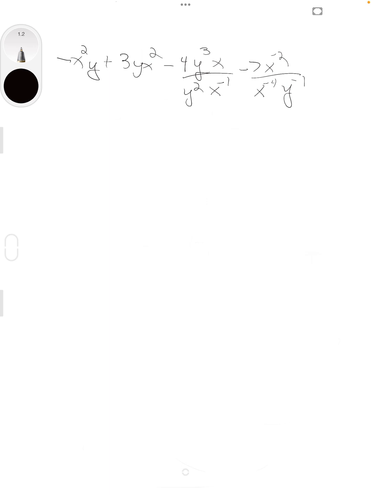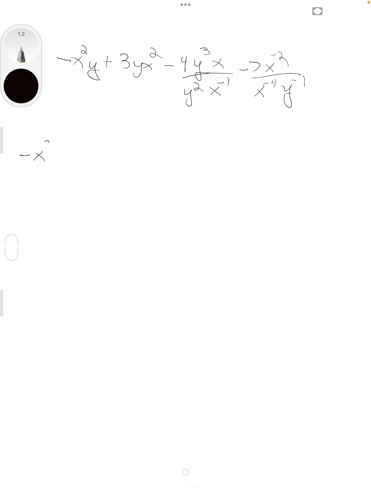So what I'm doing typically when I look at these is I know I've got fractions, I know I've got things with negative exponents. I'm just going to make everything positive. The other option is just make them with no fractions at all. So let's try making it no fractions at all.